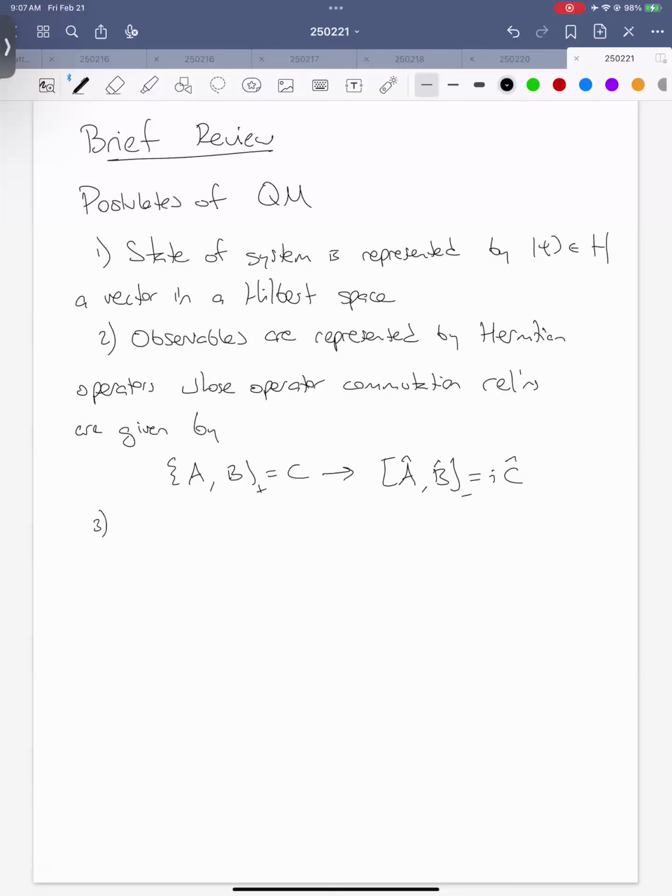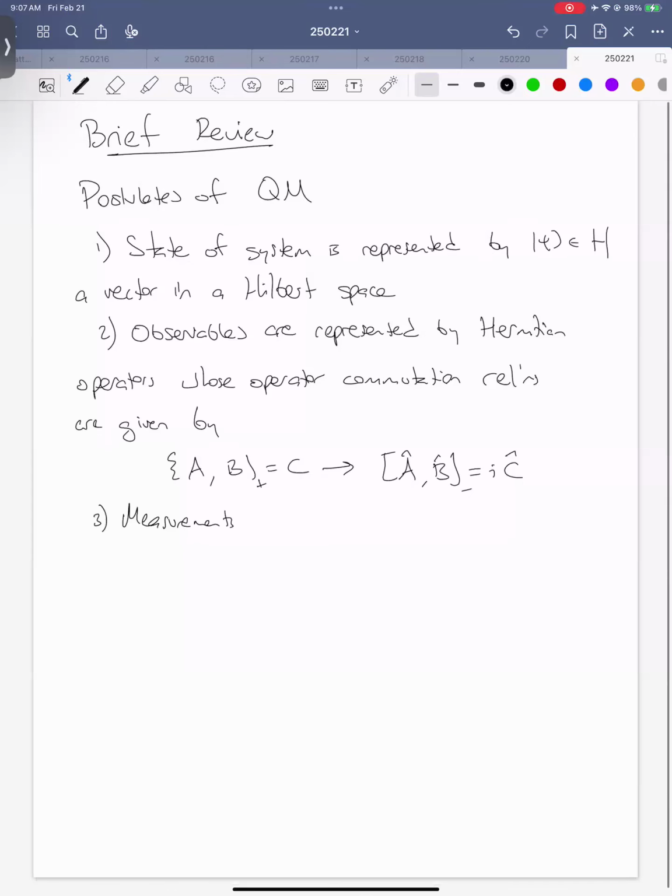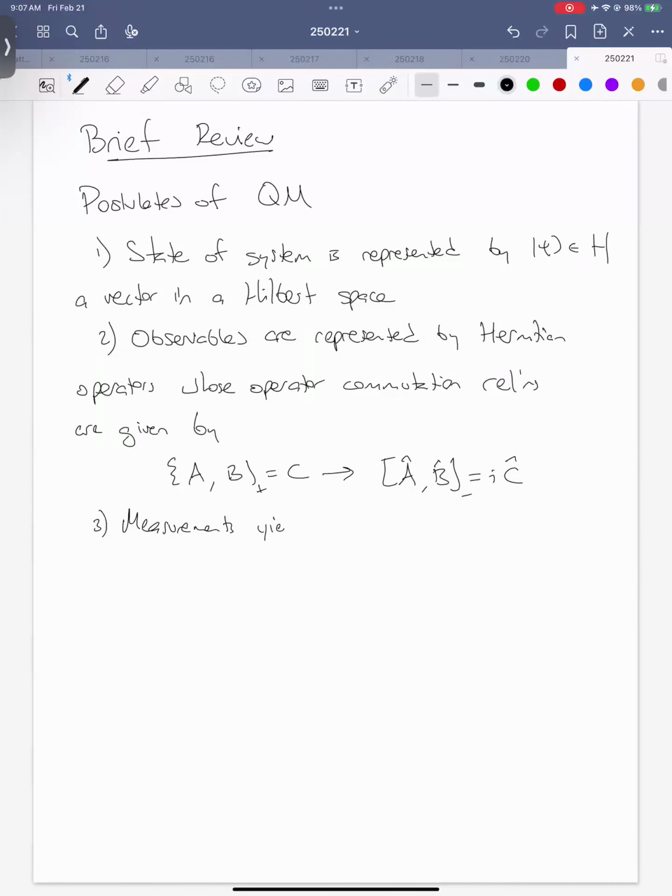3. Measurements yield only the eigenvalues of the operators associated with the observables. And measurements are probabilistic.